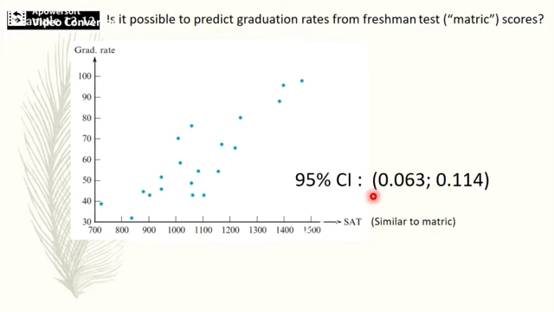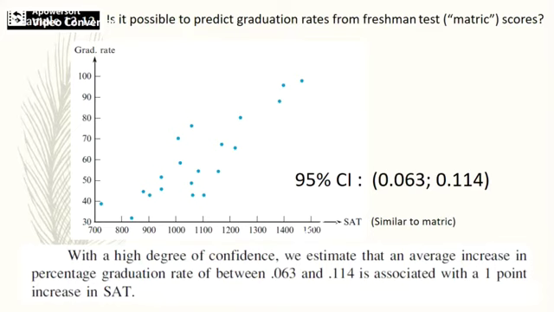So what percentage of students graduate? Now this is the confidence interval that you get, so go through the working and see that you agree with it. It is just direct substitution into the formula, and what this tells us is that for a 1 point increase in matric score, or rather SAT score, you can expect the graduation percentage to go up by between 0.063 and 0.114%.